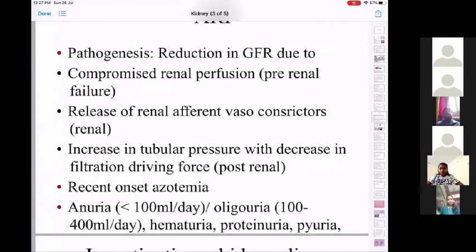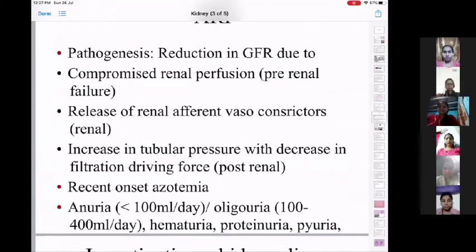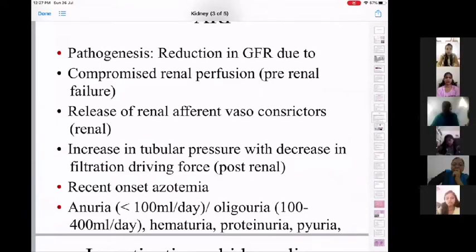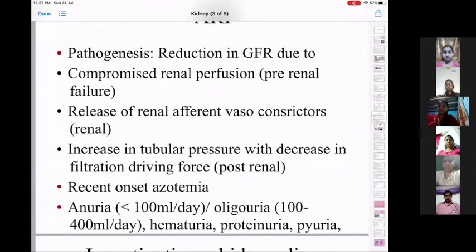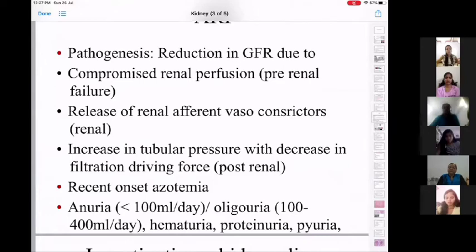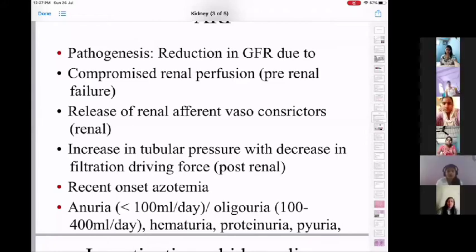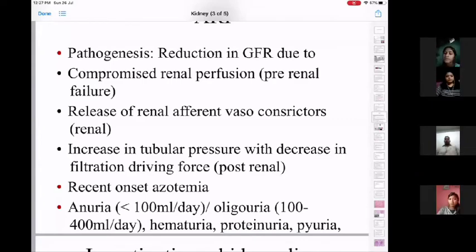Pathogenesis of ARF: reduction in GFR due to compromised renal perfusion, like pre-renal failure. If there is a pre-renal cause, it means causes before the kidney, like the blood supplying the kidney is less, so compromised renal perfusion. Second is the release of renal afferent vasoconstrictors. So this also causes less renal perfusion.